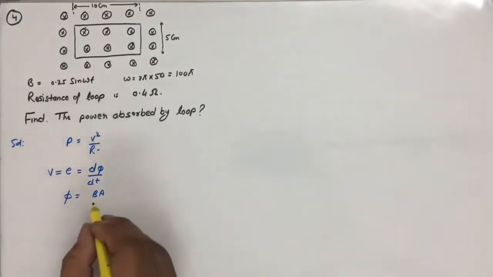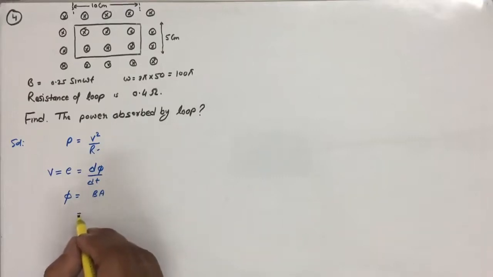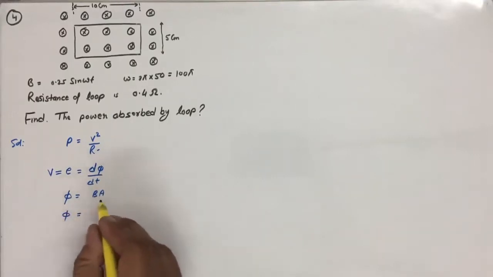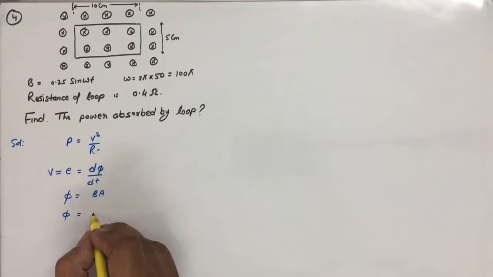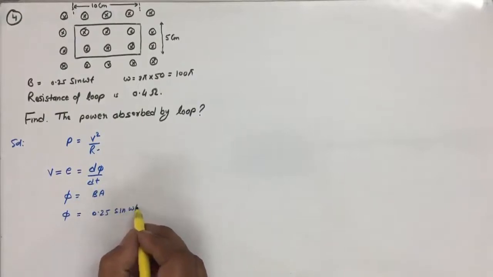So the first step is to multiply magnetic flux density with area. So to find the flux, we will do B, that is given here, 0.25 sine omega t.